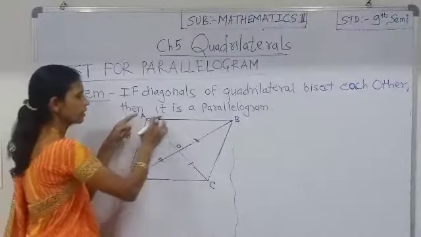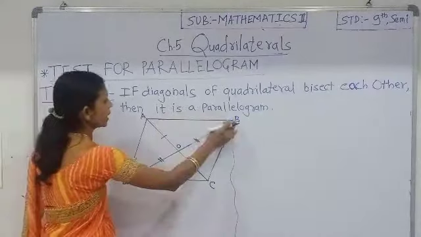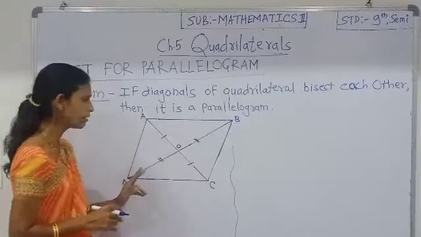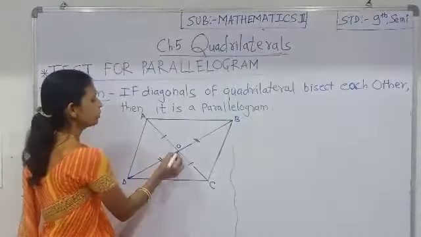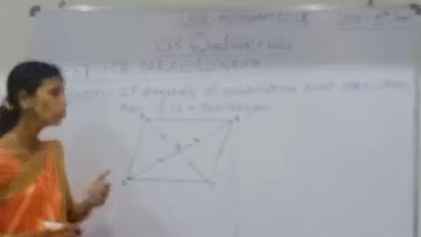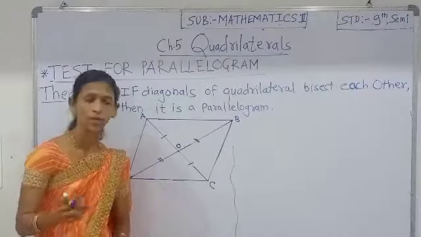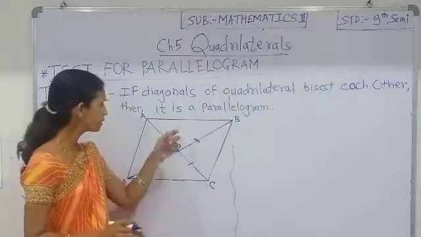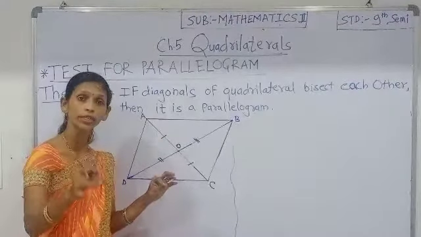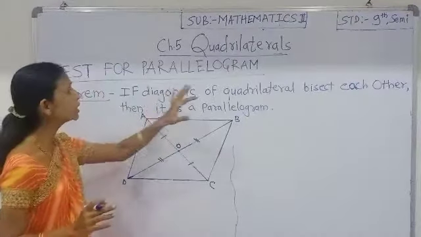See here, one quadrilateral is given, quadrilateral ABCD, and its diagonals intersect in point O. But we don't know whether that quadrilateral is a parallelogram. We have to determine this by the given condition.